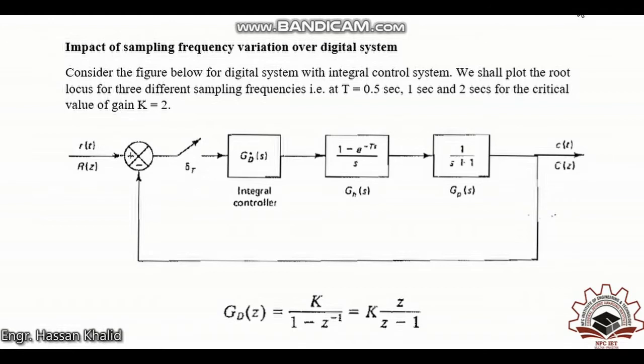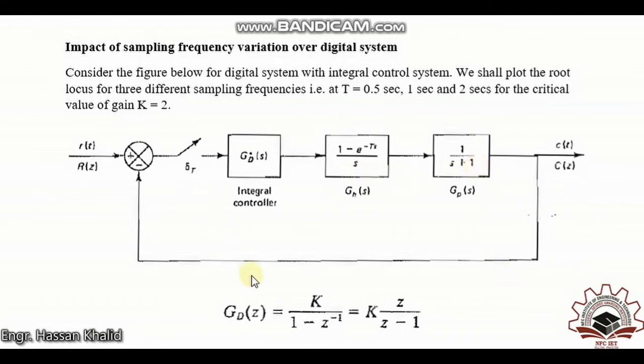Let's consider the impact of sampling frequency variation over the digital system. Now, you can easily visualize this closed loop system which has been controlled by using the integral controller G_D, and it has a zero order hold G_H, and the plant that is being controlled is 1 over s plus 1.